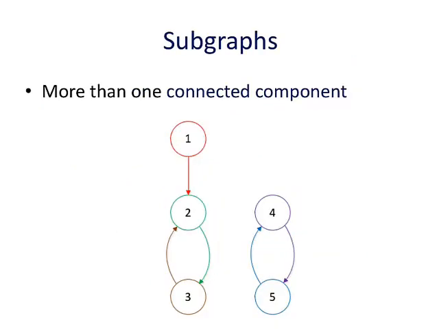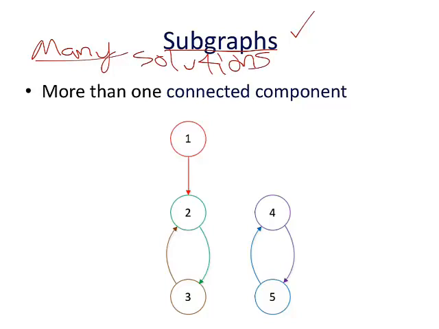But there's another problem still. That's when we have subgraphs. And rather than leading to no solution, this actually leads to many solutions to our problem. A subgraph is basically when we have more than one connected component. And a connected component is basically just a portion of the graph where all the nodes are connected, pretty simply put.